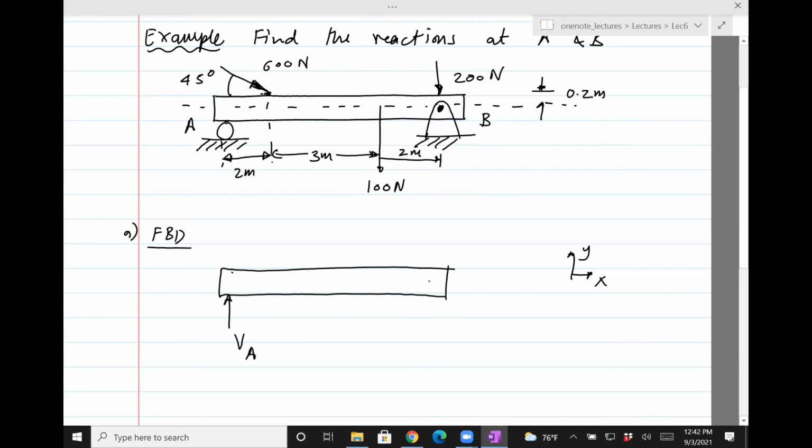For B, there would be a force in the vertical direction, VB. When I assume the force direction, you can assume it to be anything. I'm just going to assume that the horizontal force is H, and that is to the left side. And as I said, you could assume it to be the right side too. It won't really affect anything.